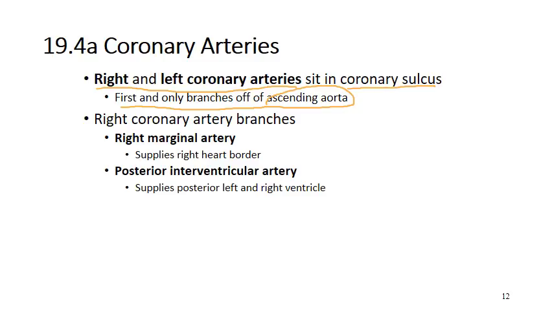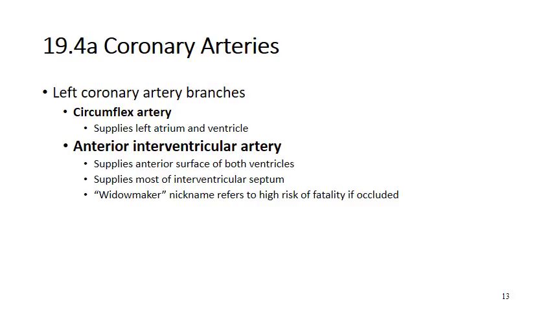Then you have the right marginal artery that breaks off of the right coronary artery, and then the posterior interventricular artery. Just notice that the right one supplies the right heart border, and then the posterior interventricular artery supplies the posterior left and right ventricle. Now, the left coronary artery also has some branches.